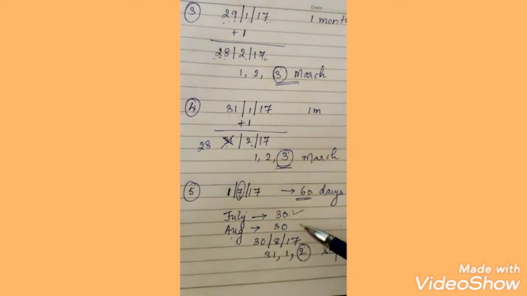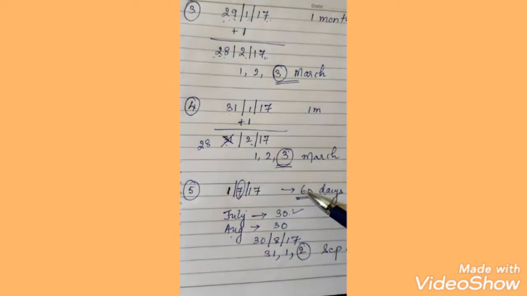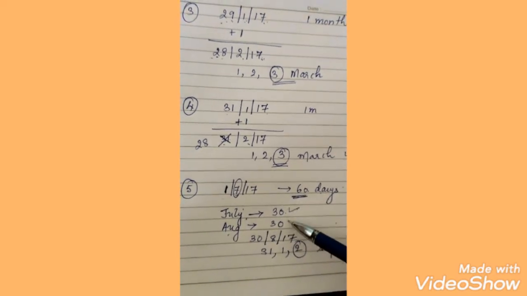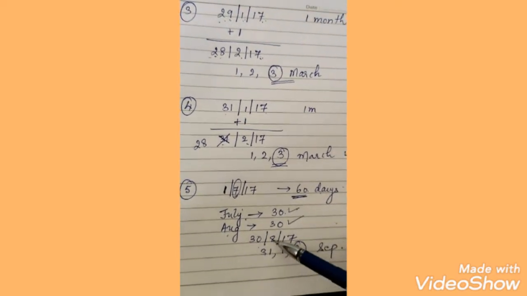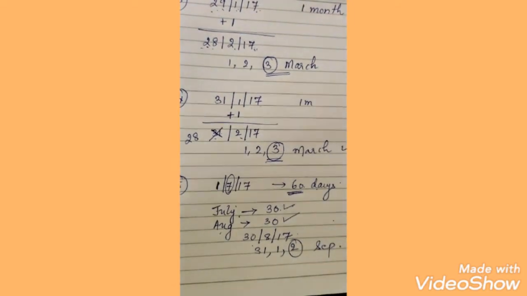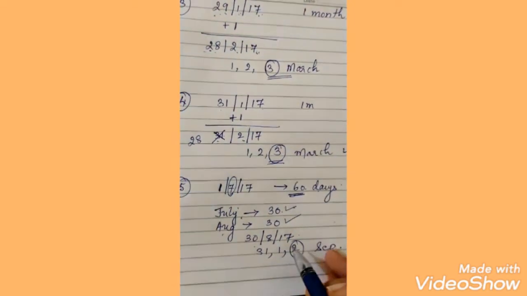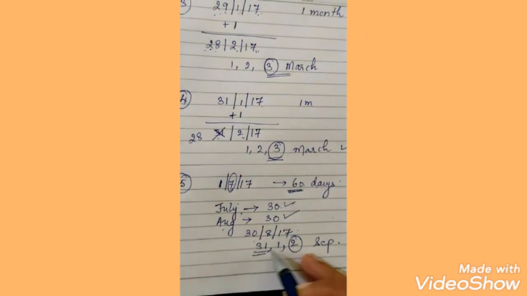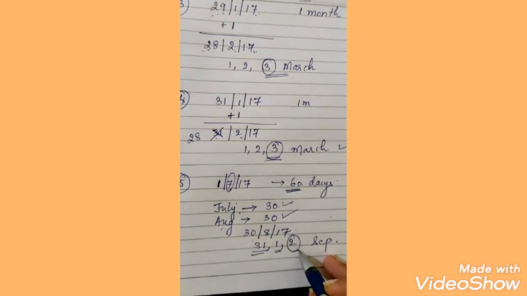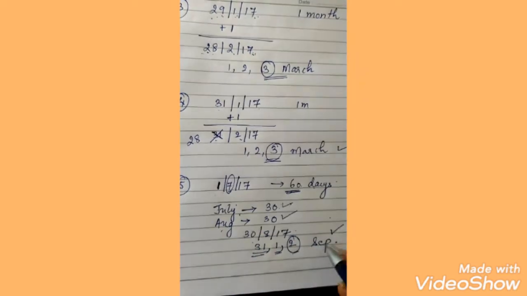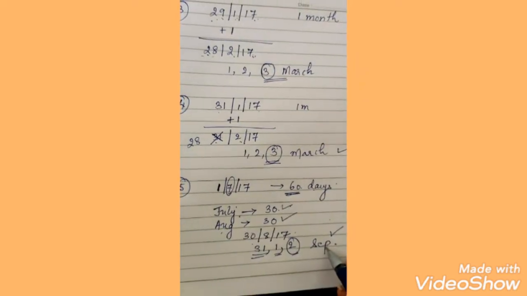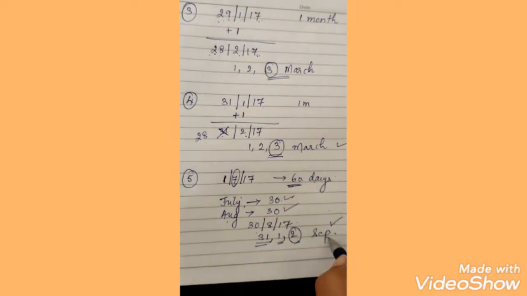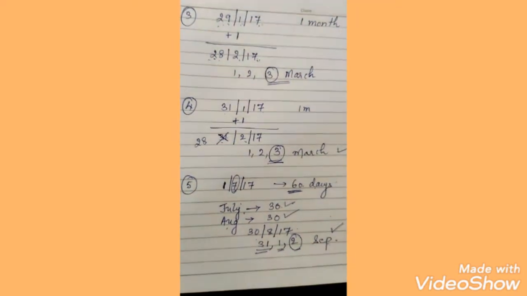And August has 31 days, but we need only 60 days, out of which we already have 30 days of July, so we will consider till 30th August 2017. After that we have to add 3 days of grace. So I'll be adding 3 days of grace from 31st August, 1st September and 2nd September. So my date of maturity will be 2nd September 2017. Okay, I hope you understood the fifth case also.